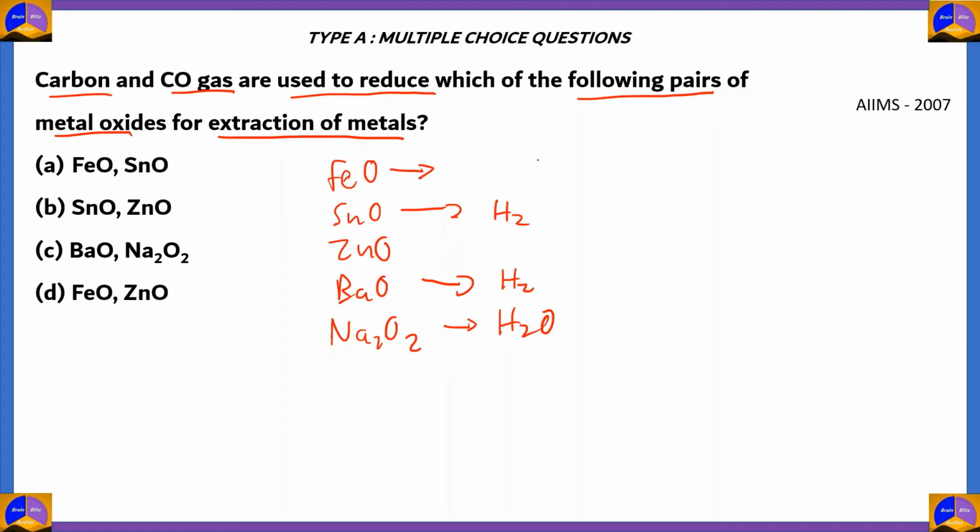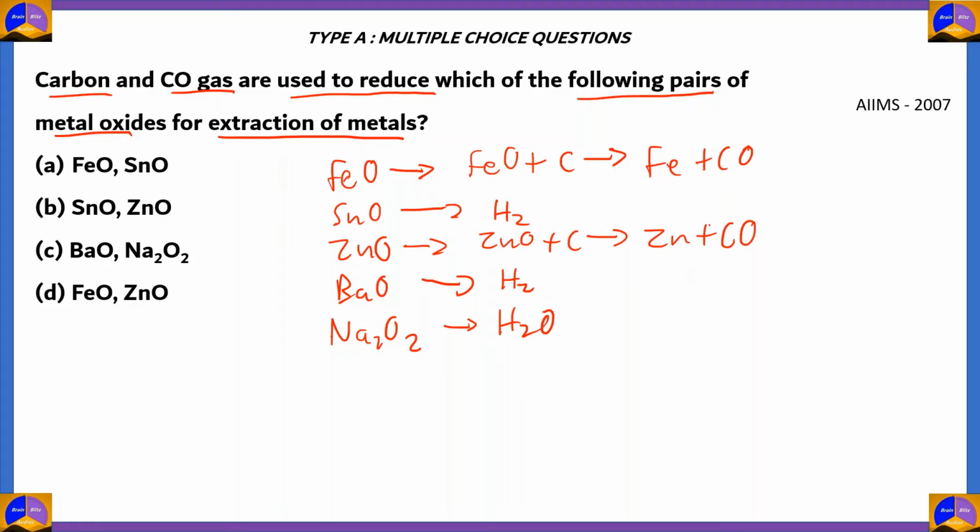So FeO has the reaction FeO plus C gives you Fe plus CO. For zinc, we also have the same reaction. ZnO plus C gives you Zn plus CO. And if it was CO here, then you'll get Fe plus CO2 and Zn plus CO2 respectively. So therefore, iron oxide and zinc oxide are the metal oxides in which carbon and CO gas can be used to reduce them for extraction of metals.